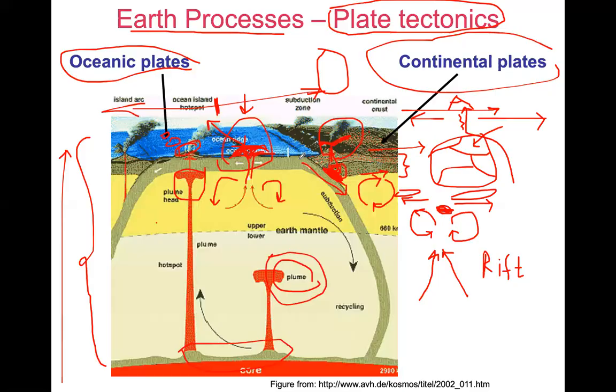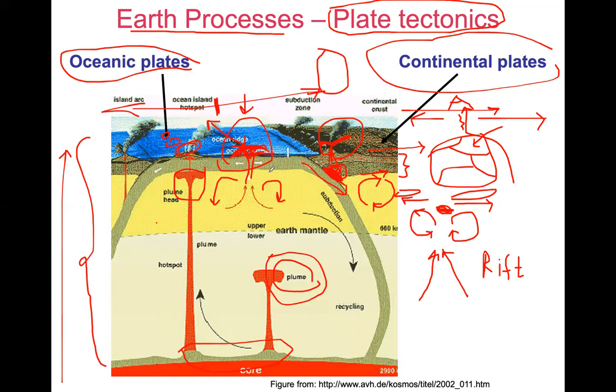So all these processes are taking place in the lithosphere, because these continental plates and oceanic plates are part of the lithosphere, which are moving here and there as a result of mantle convection, and also as a result of mantle plumes, right?